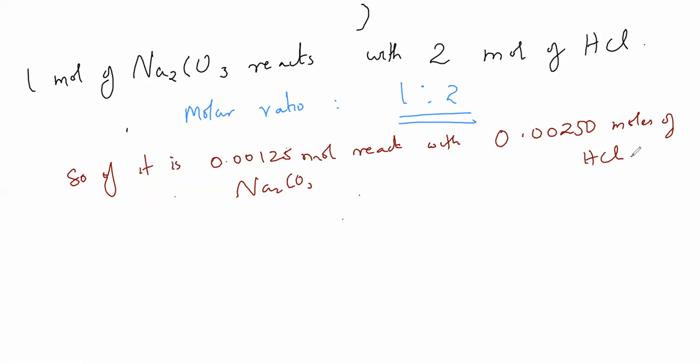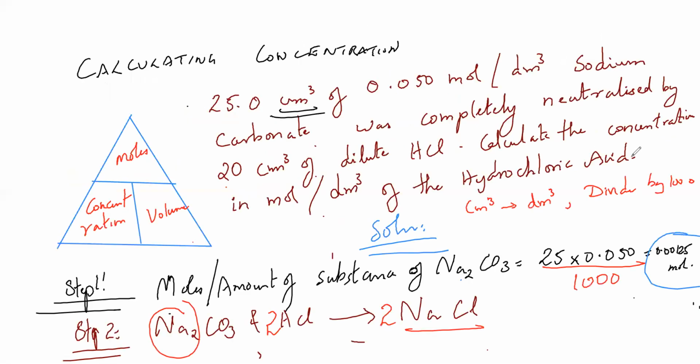But still we are not at the answer. Our question here is what? Calculate the concentration in moles per decimeter cube. Concentration is moles per decimeter cube, and now we got the moles. Correct? We got the moles value. But again here it is 20 centimeter cube, the volume of HCl.